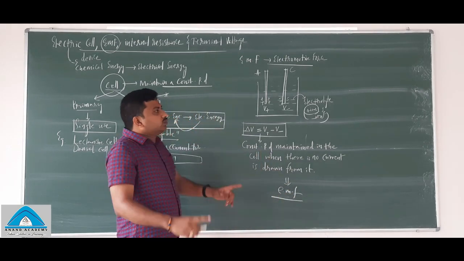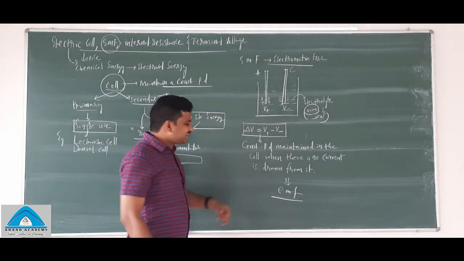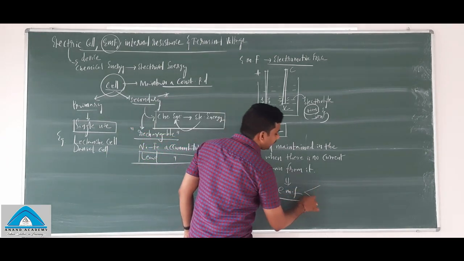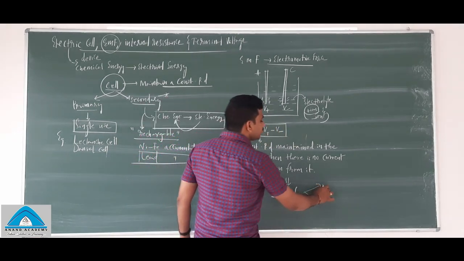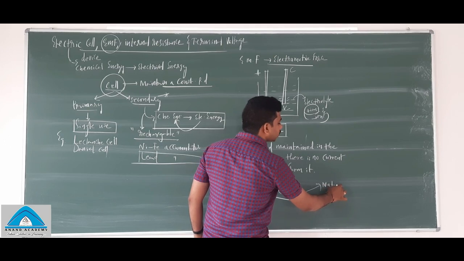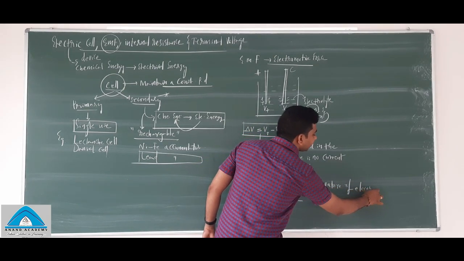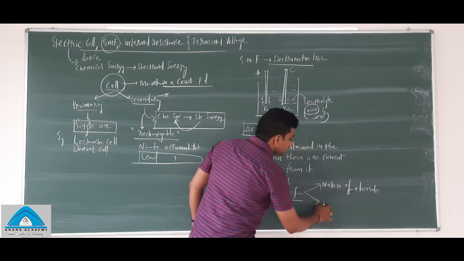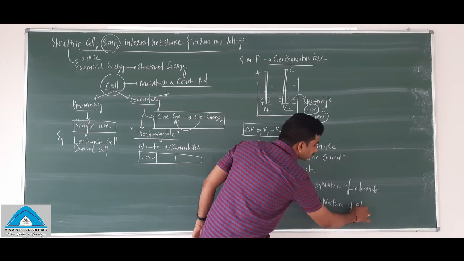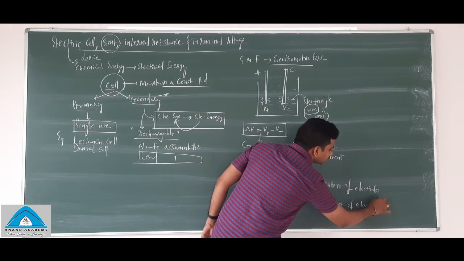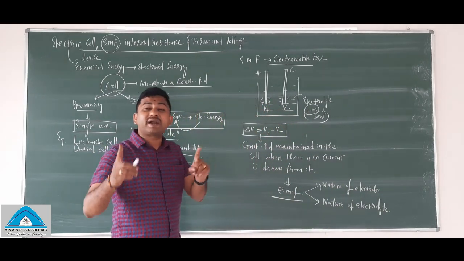Here is one more important point about EMF: the electromotive force depends on only two things. The first is the nature of electrodes, and the second is the nature of electrolyte. Only on these two things does the EMF depend.